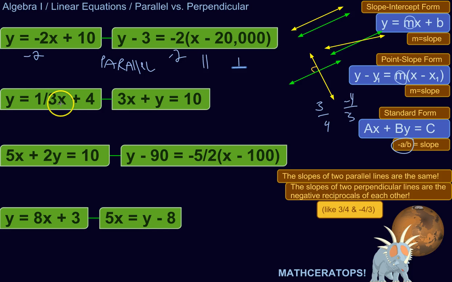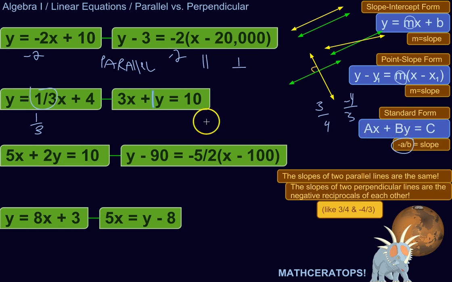So y equals 1/3 x plus 4. That sounds a lot like y equals mx plus b, so that's slope-intercept form, and we can just grab the slope: 1/3. Now, is the other one in a form? If we put a 1 here, this looks like standard form: something times x plus something times y equals something.